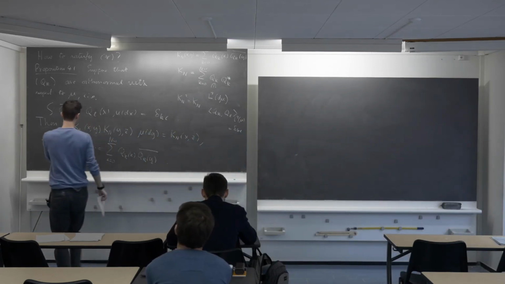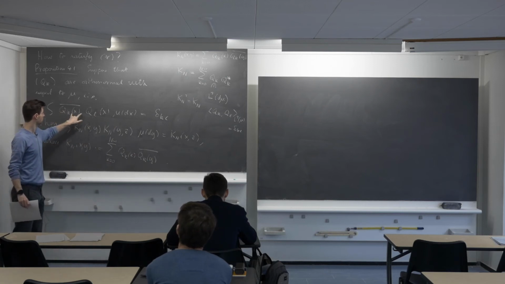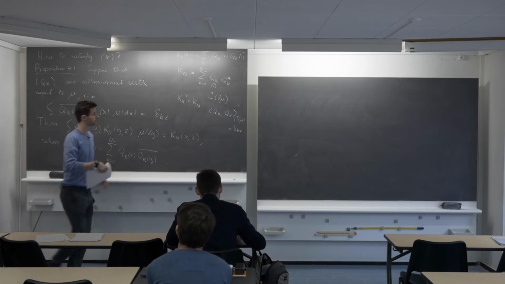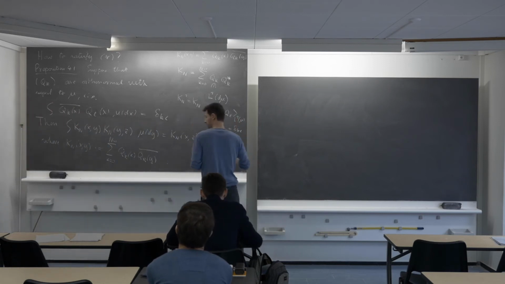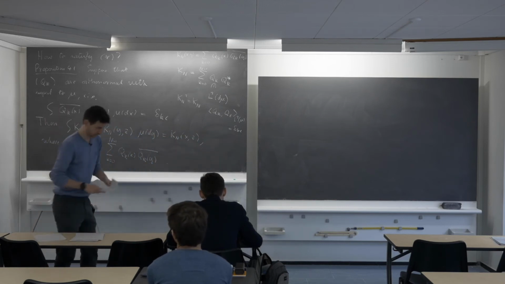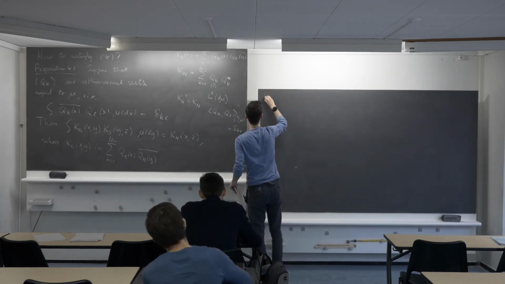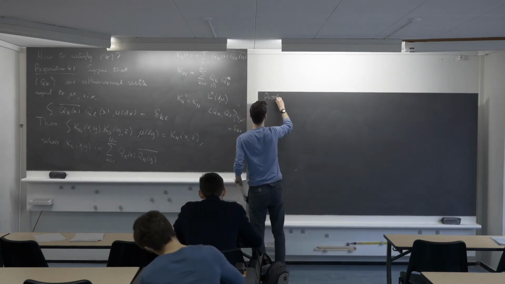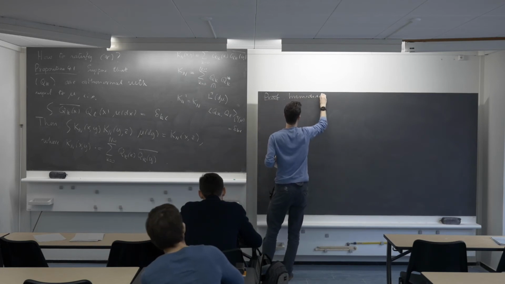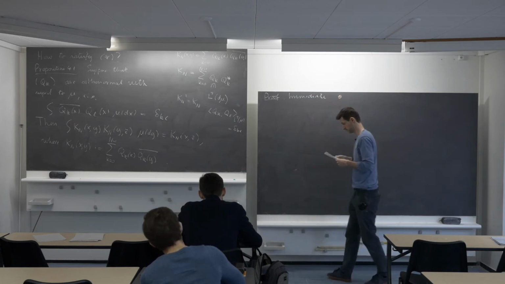In order to be able to do this, you have to choose your polynomials to be orthogonal, even orthonormal, with respect to this probability measure. So the proof is immediate.